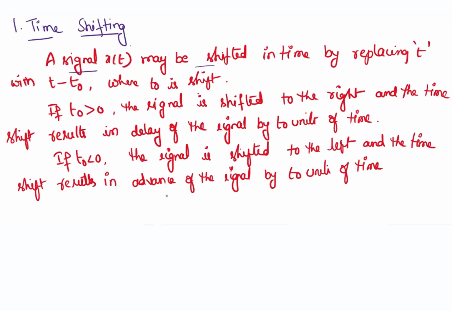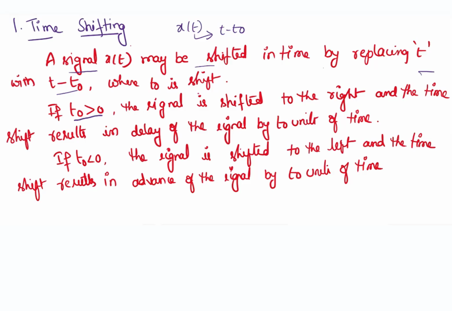We shift in time by replacing t with t minus t naught. You have the signal x of t. If this t gets replaced with t minus t naught, that is called the operation time shifting. So here are two cases.